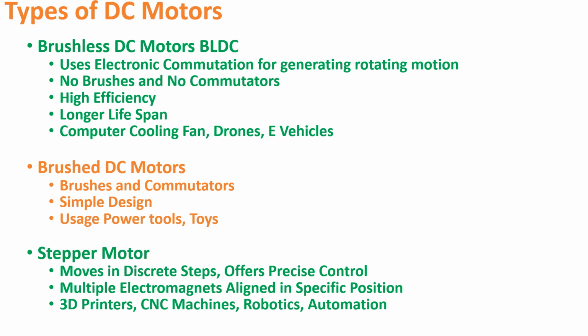If the robot is doing a discrete operation or function, then you'll need a stepper motor. So it all depends on your application. These are the common types of motors I've gone through. In the next coming videos or slides, I'll go deeper into the topic.